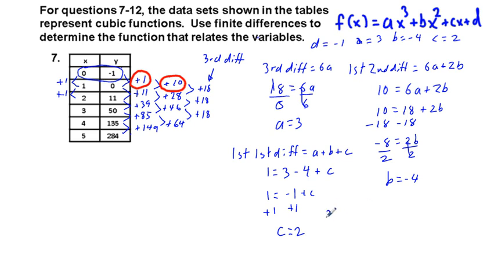We have f of x equals 3x cubed, minus 4x squared, and plus 2x, and we're going to have our d, which is minus 1. So this is going to be our answer to problem number 7.